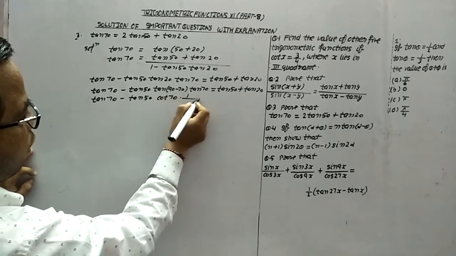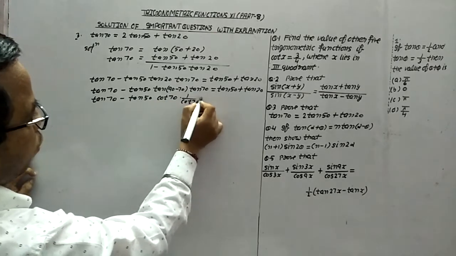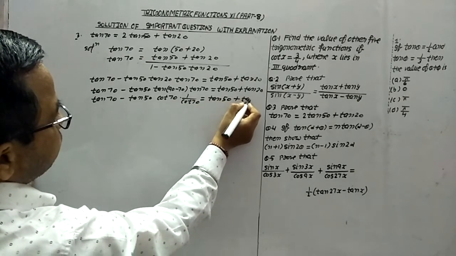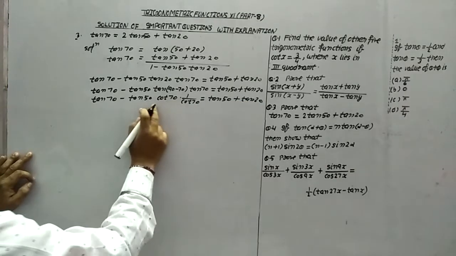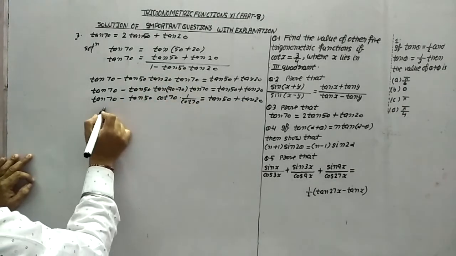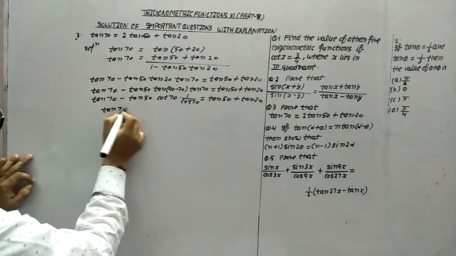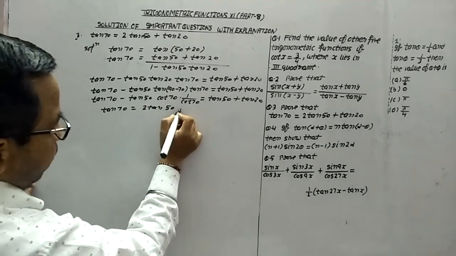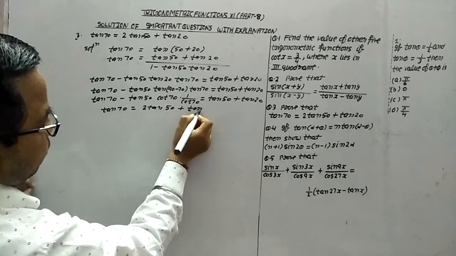Tan theta is equal to 1 upon cot theta, so tan 70 times cot 70 is 1. Now this cancels out, and this term will go there. It means tan 70 is equal to 2 tan 50 plus tan 20.